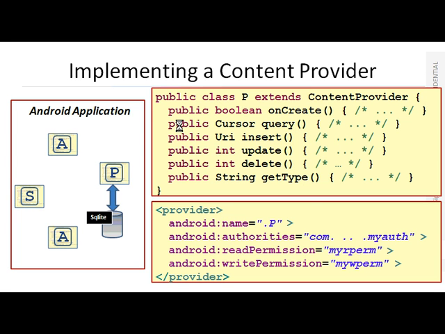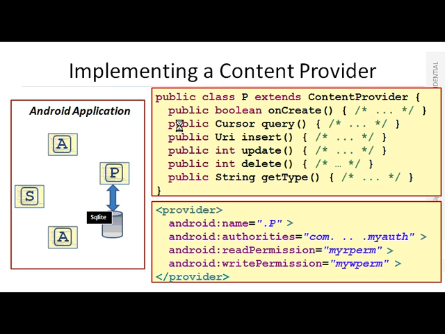When you implement a content provider, in most applications you are not going to use a content provider, but in most cases you are going to use the data of other applications. So the applications that share their data will implement the content provider, and the applications that use the data of other applications will implement a content resolver.